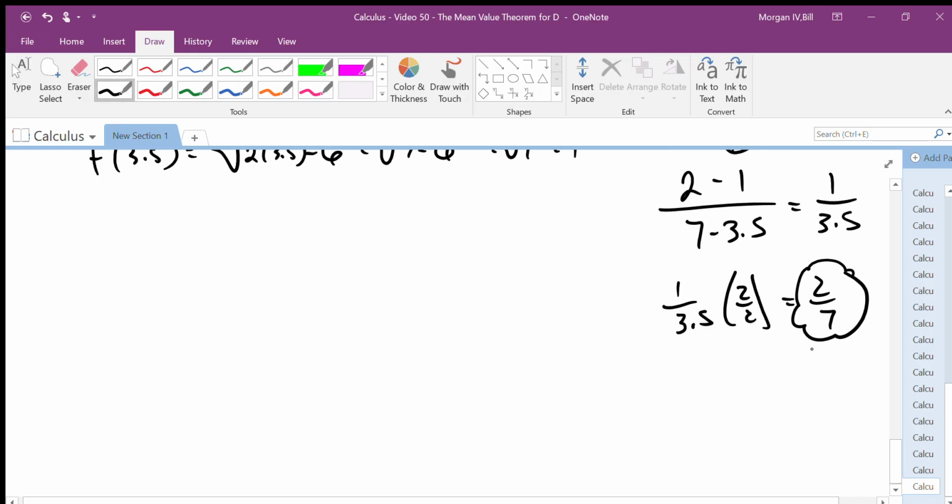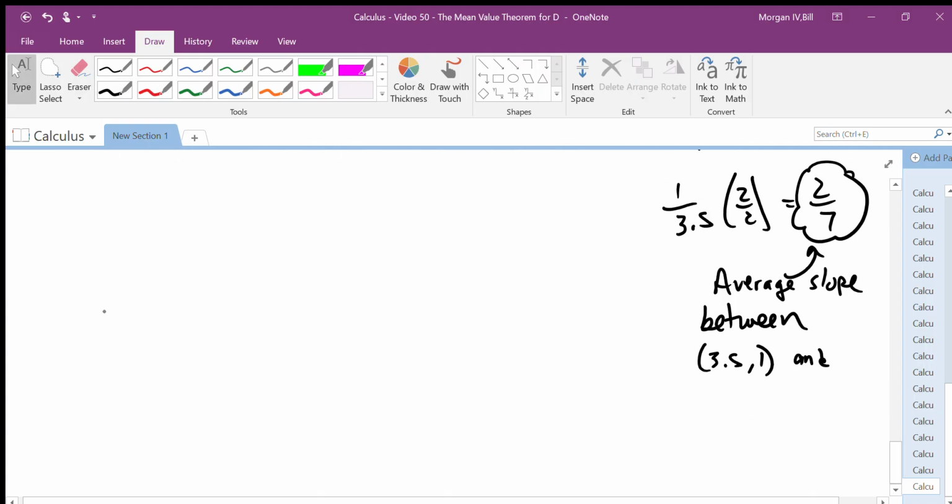So 2/7 is the average slope between 3.5 and 7. Between those two points, the average slope is 2/7. Go up 2 and over 7, or up 1 and over 3.5.